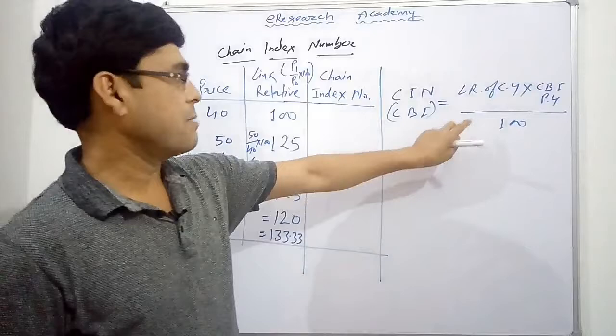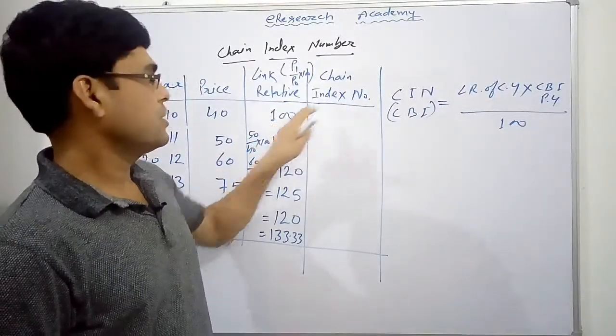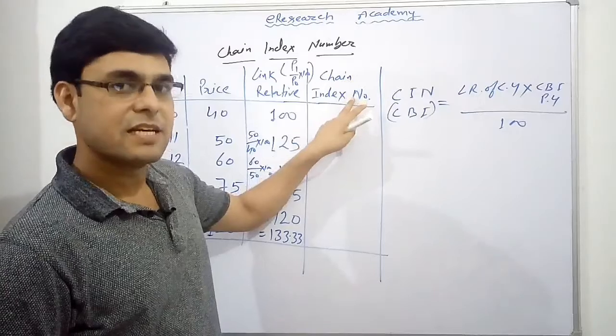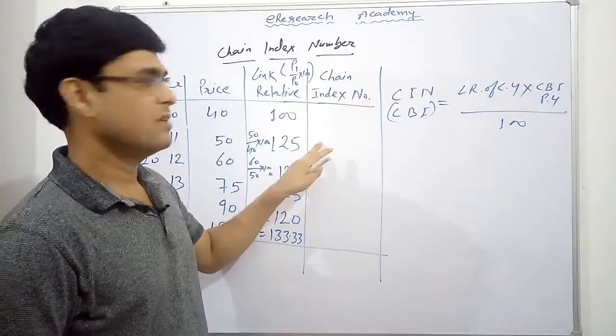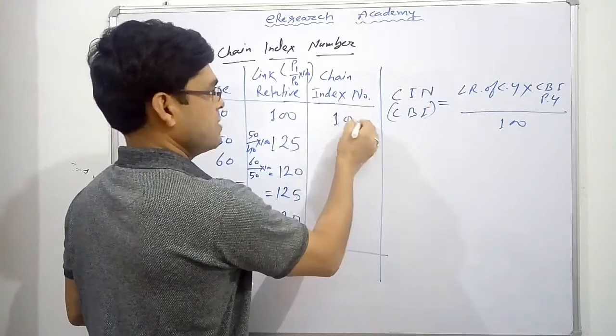Again I am repeating: link relative of the current year into chain index of the previous year upon 100. For the base year it will remain 100.